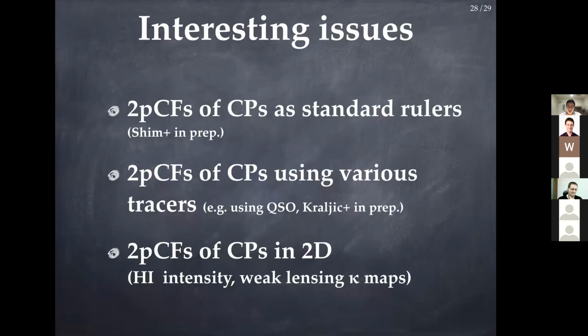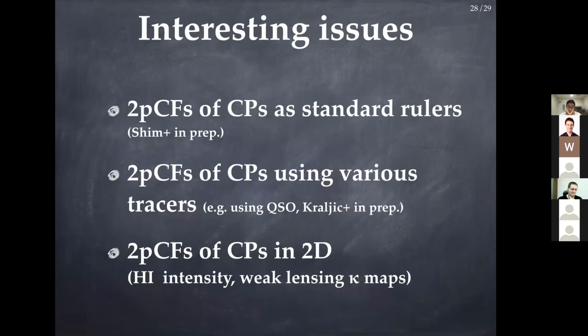So combining all these findings, what can we do? I am currently working on using these features in the clustering as standard rulers. In particular, as you have seen, there are particular scales like the size of the exclusion zone or the radius where the maximum correlation occurs.